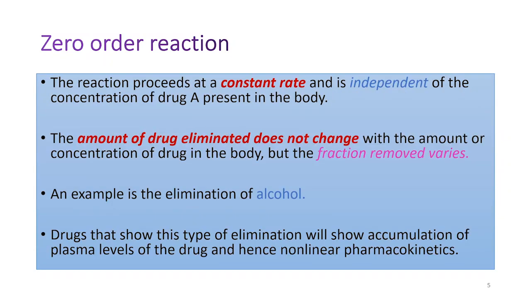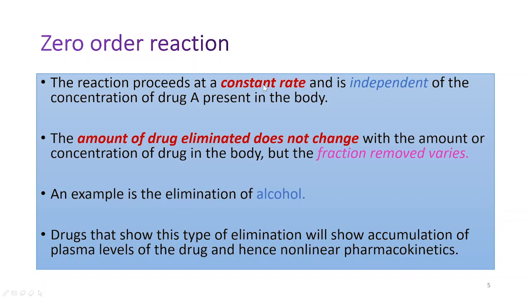Now the reaction proceeds at a constant rate and is independent of the concentration of drug A present in the body. So what does this mean? When we say constant, that refers to the same amount that is eliminated.